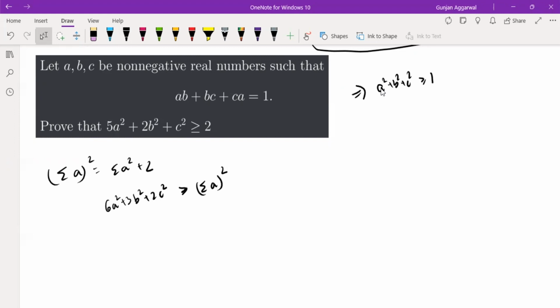Yeah, that is true. I'm not sure if that directly helps. That reduces it to proving 4a squared plus b squared is greater than 1, right? Yeah, but that's not really true. Oh, is it not? Because if you increase a and b, you can still find some value.